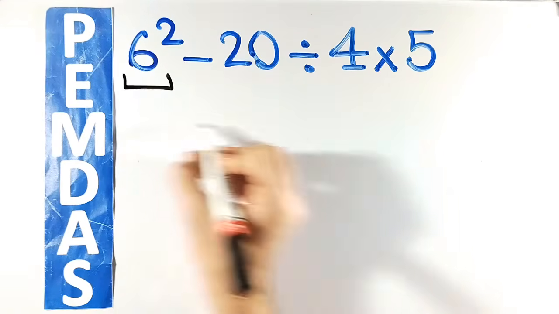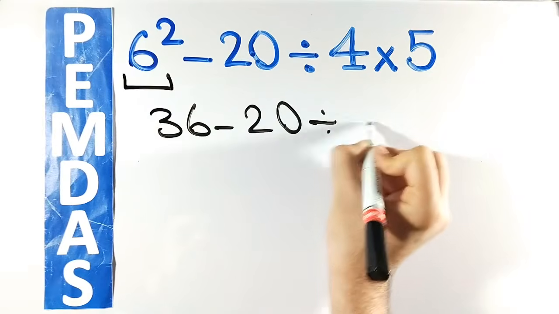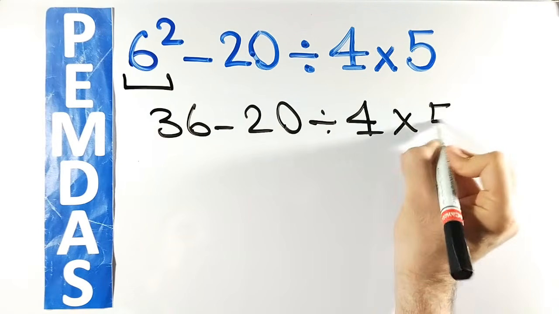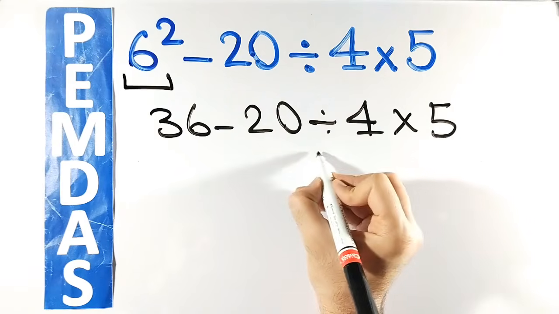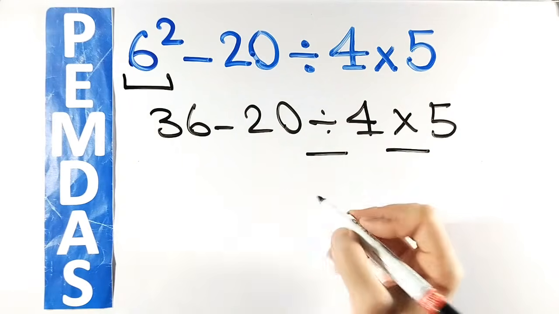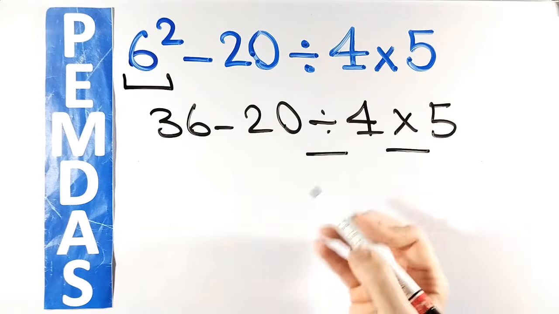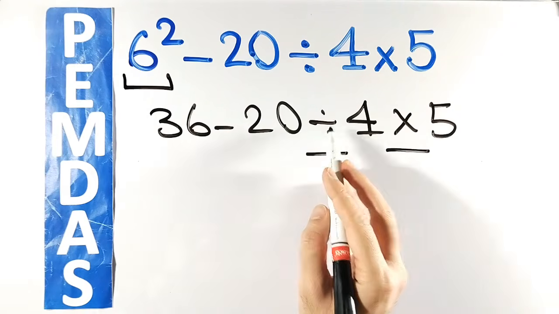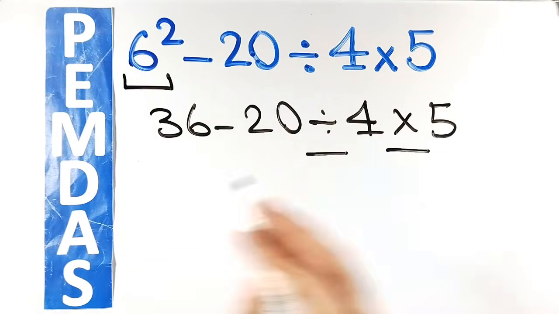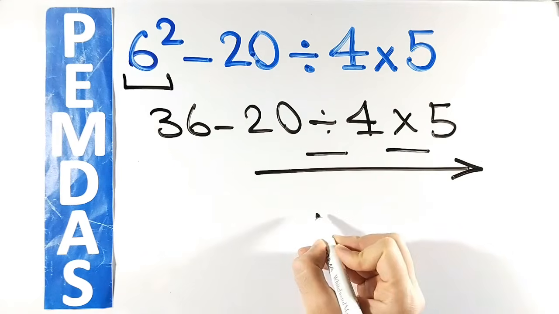So, we rewrite this equation as 36 minus 20 divided by 4 multiplied by 5. And the next step, we go for the division and multiplication because these two operations have a higher priority than subtraction. However, it's very important to understand that multiplication and division are at the same level of precedence, and we must perform these two operations from left to right.